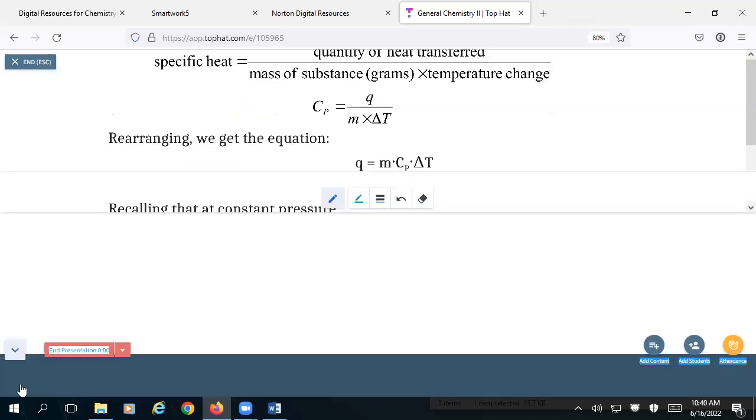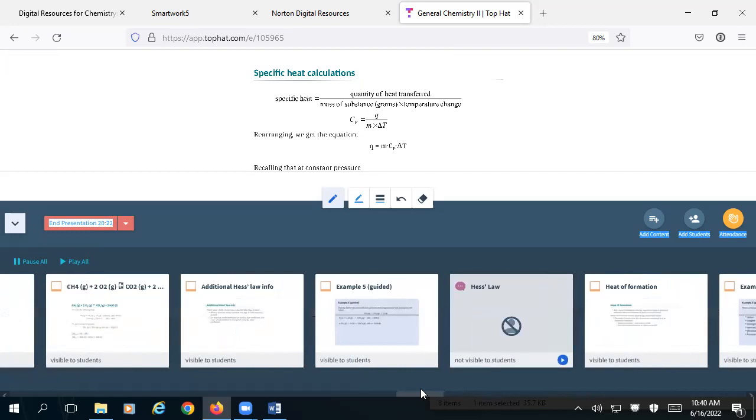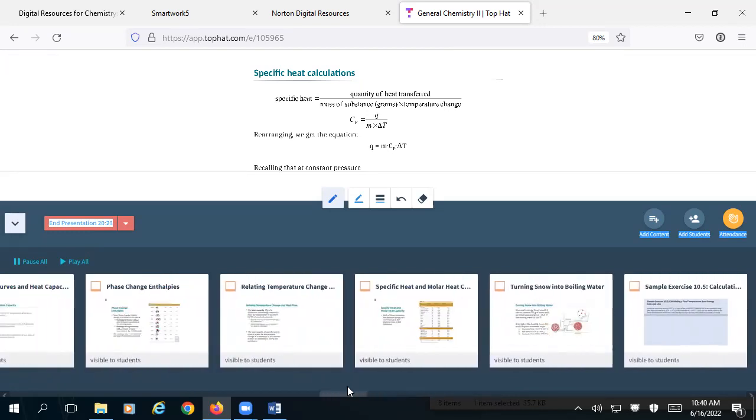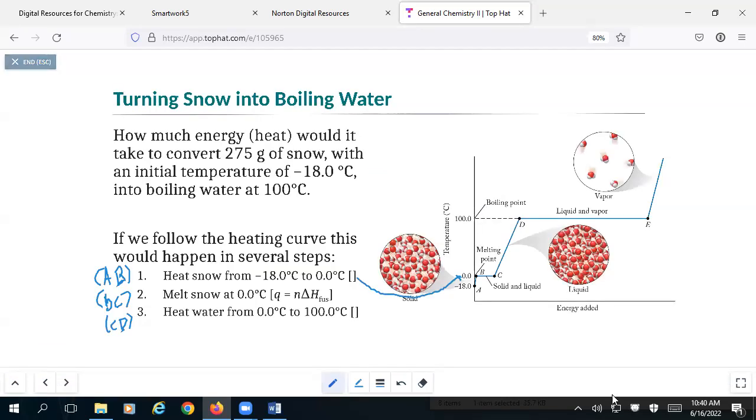So our calculation is thus, let's roll that back to this heating curve. So we want to use Q is equal to MC delta T for both segment 1 and for segment 3.